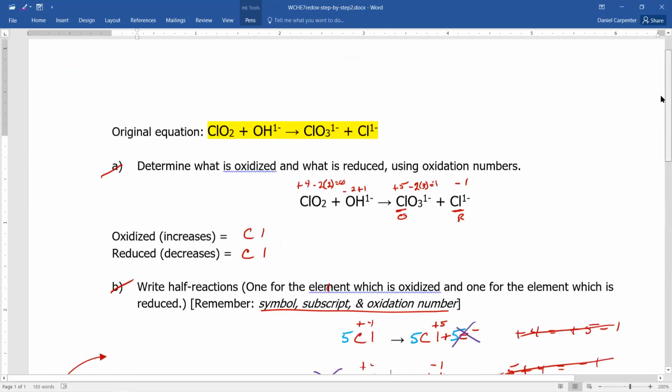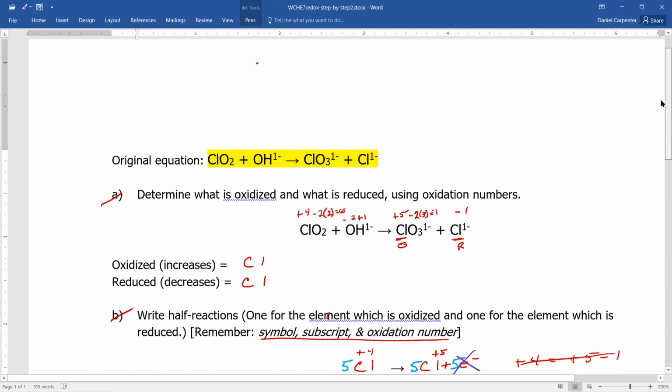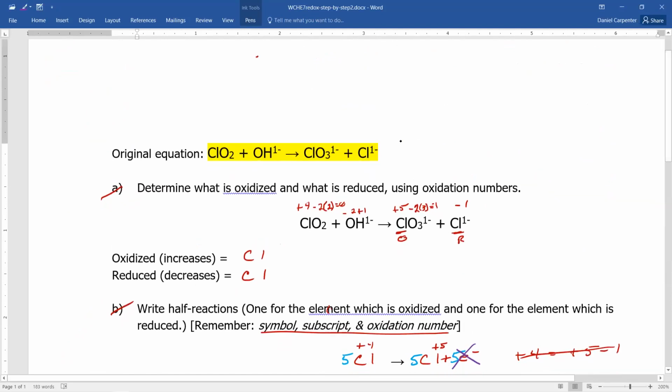What did we have in the original equation? We had some O's and some H's, so yes, there is.